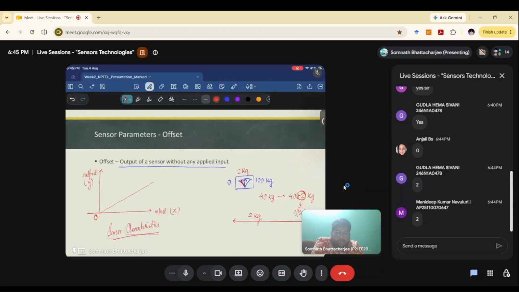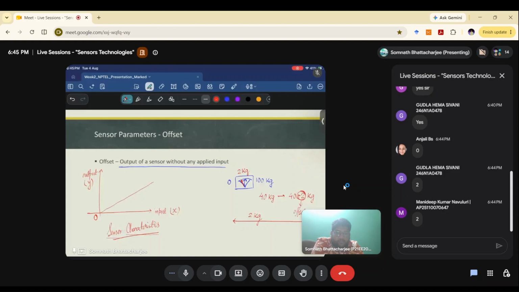Now I have a question. Let's say we have a device which at x equals 0 gives y equals 0, but at x equals 2 it gives you y equals 2 plus 2, something like this.